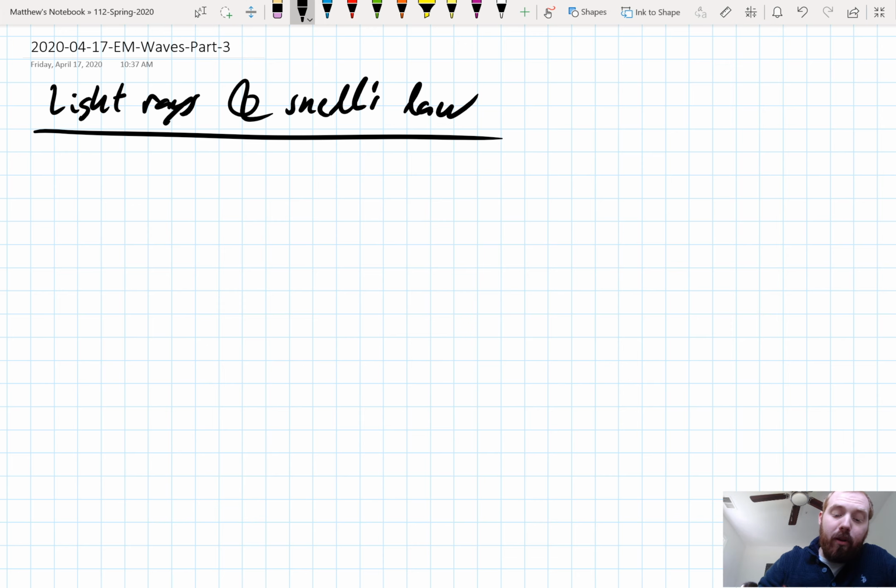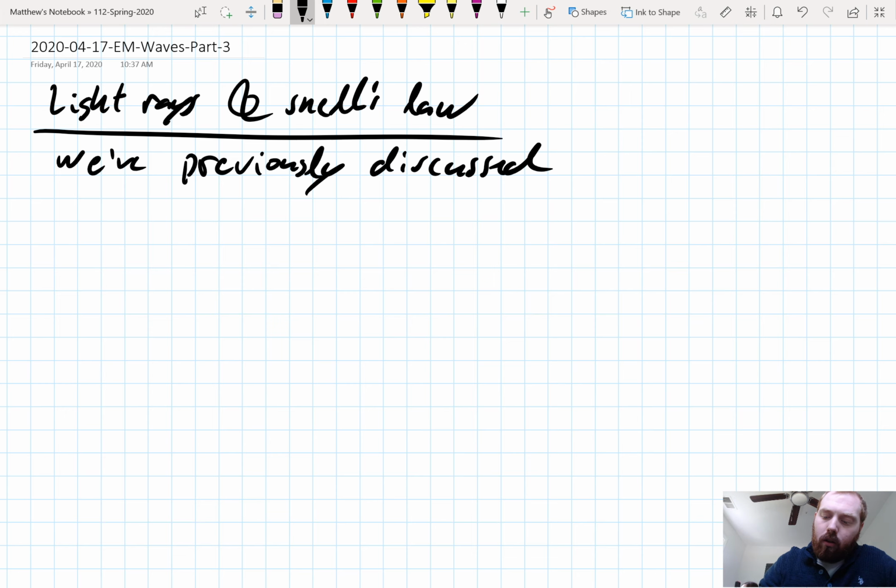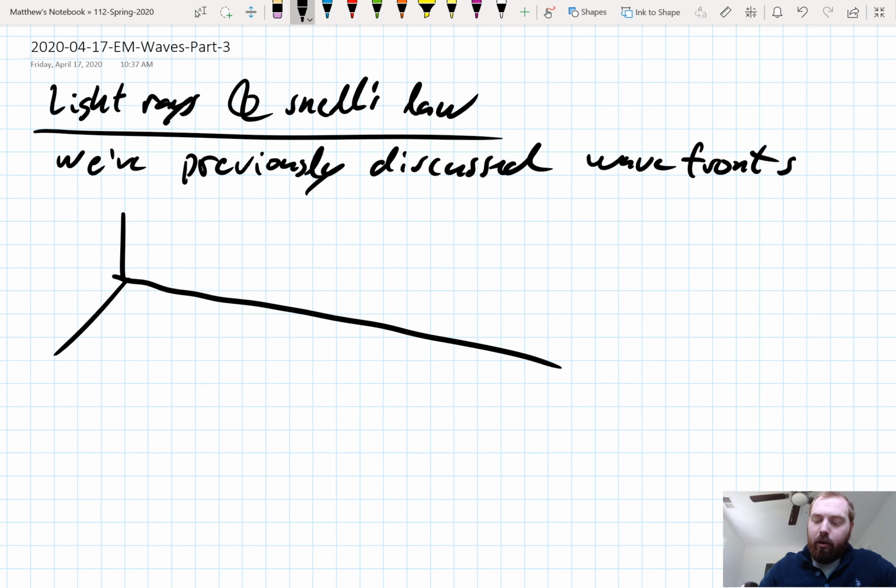Right? So previously we've discussed plane waves. We've talked about wavefronts. And we'll draw a picture of it just to remind you, where we'd have our 3D space, X, Y, Z. And you can talk about the electromagnetic waves oscillating down.